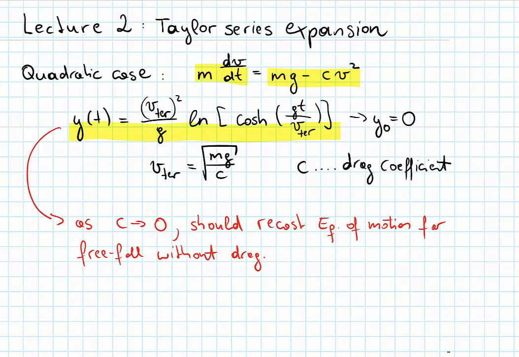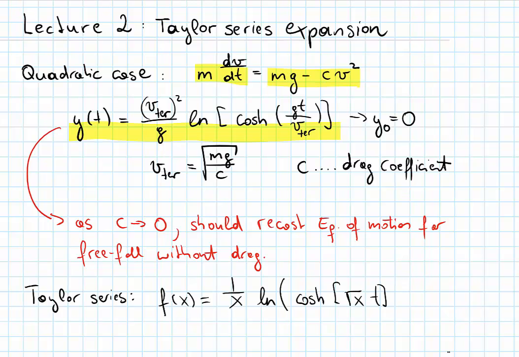So what we're going to do now is we're going to expand the following function as a Taylor series. So we're going to rewrite this above equation as f of x equals 1 over x ln of hyperbolic cosine of square root of x times t, close parentheses, where now our x is nothing but the c. So hence we have to do a Taylor series expansion letting x go to 0.